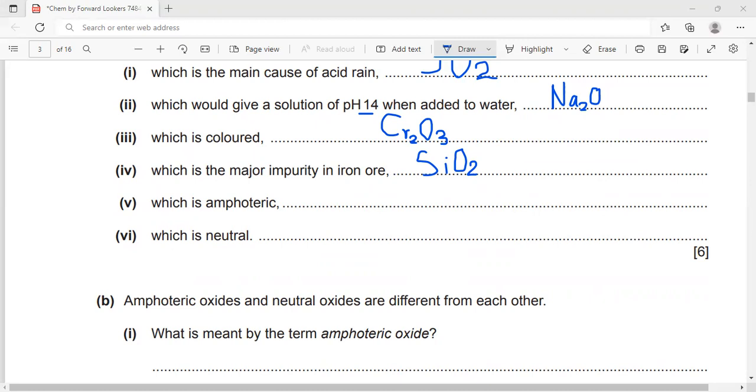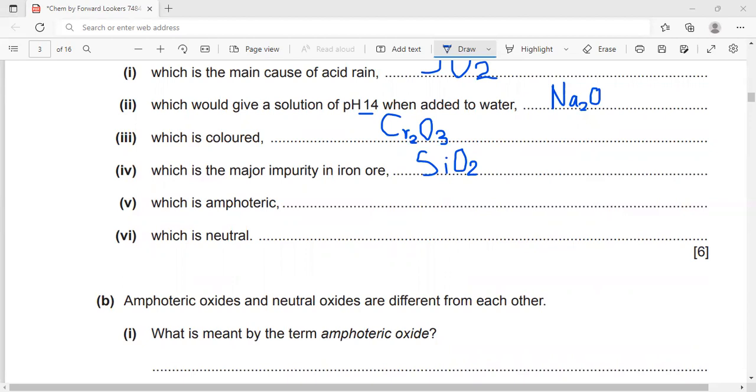In both cases, salt and water are formed. Two of the most common amphoteric oxides that you need to know are zinc oxide and aluminum oxide, please.